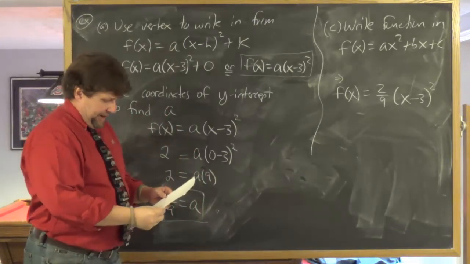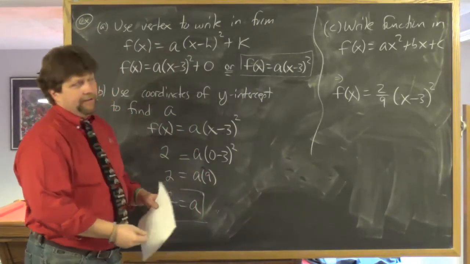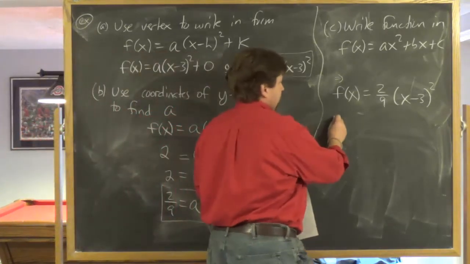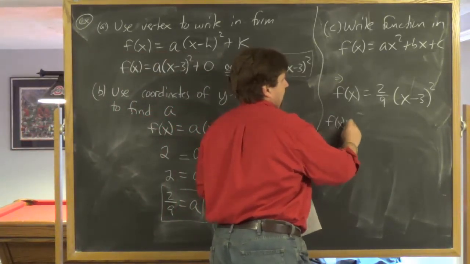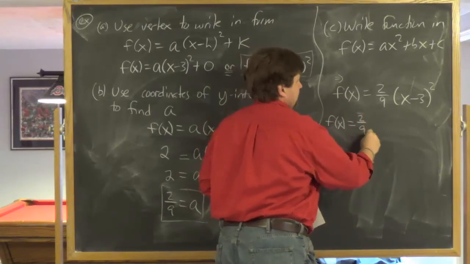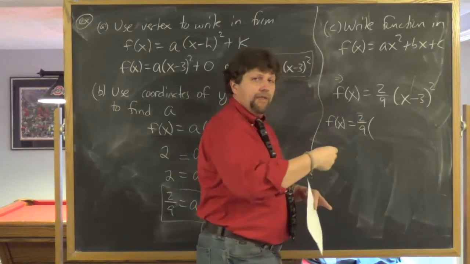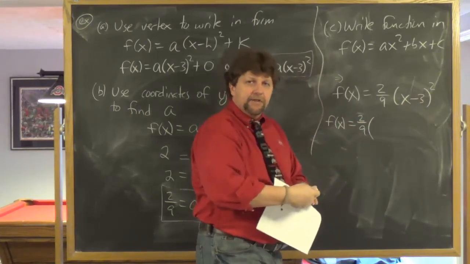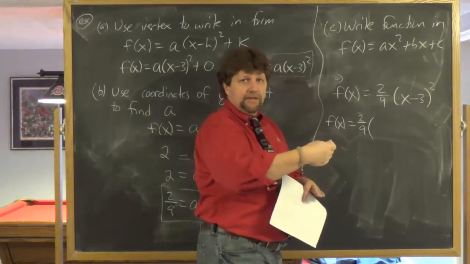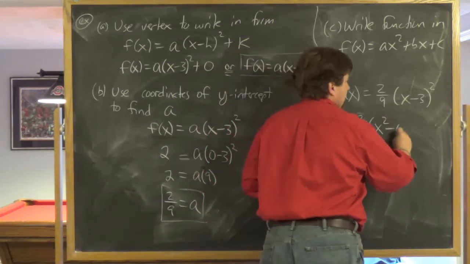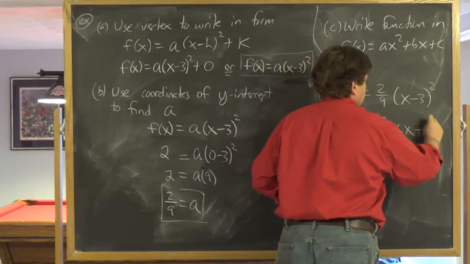So what we have to do now is a little bit of multiplying. We need to take x minus 3 and square that. So we need to do x minus 3 times x minus 3. That will give us an x squared minus 6x plus 9.